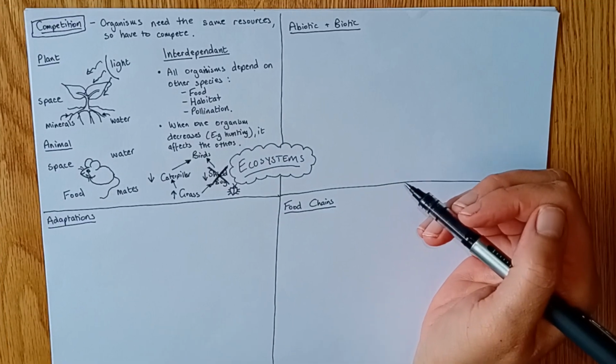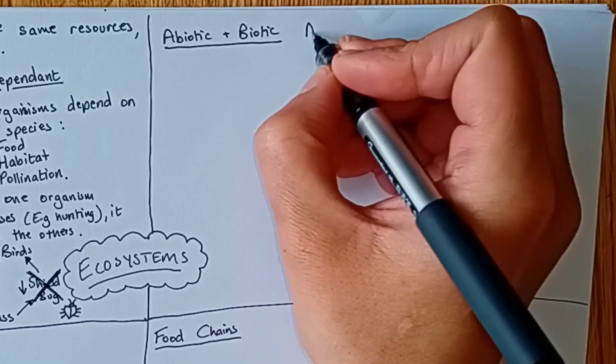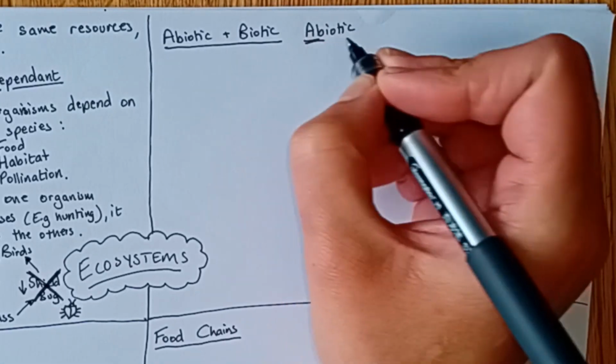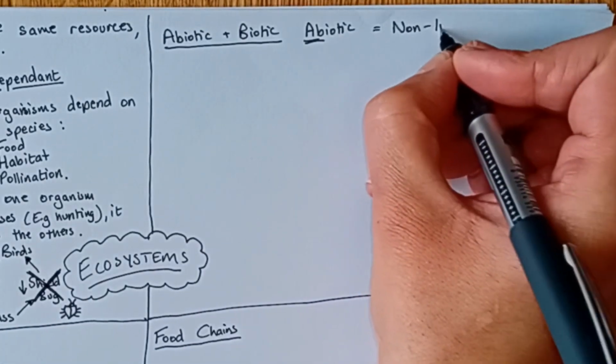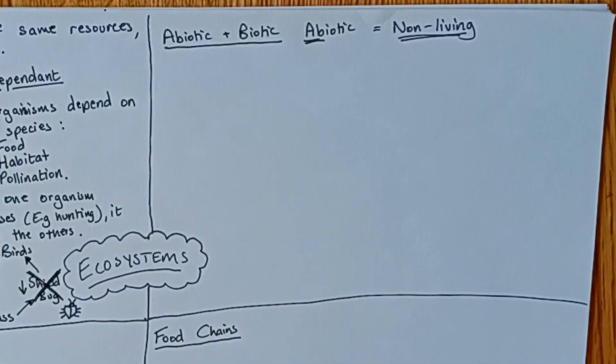On to abiotic and biotic factors then. Abiotic means non-living. And I don't just mean dead, I mean never alive.